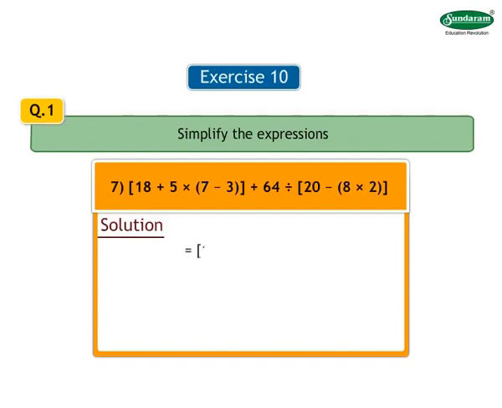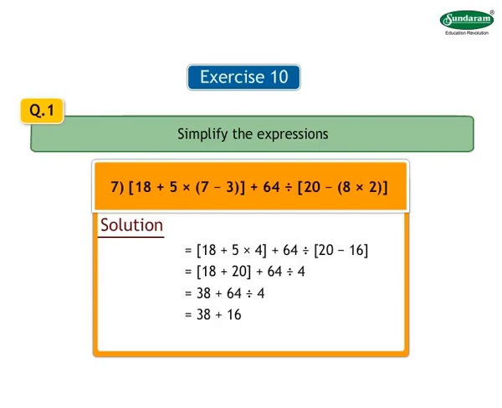We get [18 plus 5 into 4] plus 64 divided by [20 minus 16], equals [18 plus 20] plus 64 divided by 4, equals 38 plus 64 divided by 4, equals 38 plus 16, which equals 54.